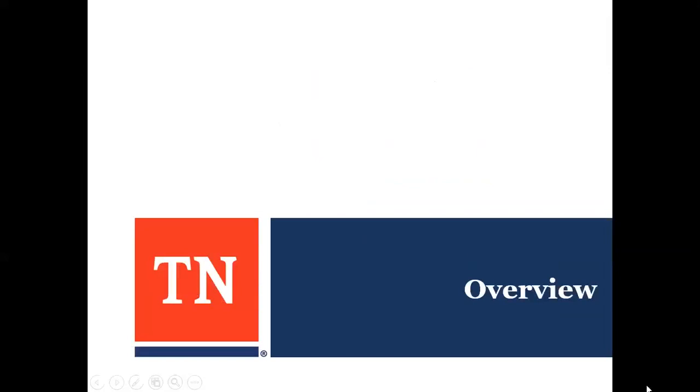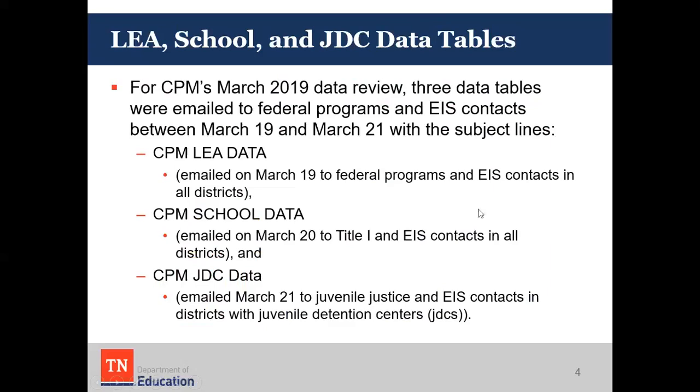Starting with the overview. For CPM's March 2019 data review, 3 data tables were emailed to federal programs and EIS contacts between March 19th and March 21st with the subject lines CPM LEA data, CPM school data, and CPM JDC data.